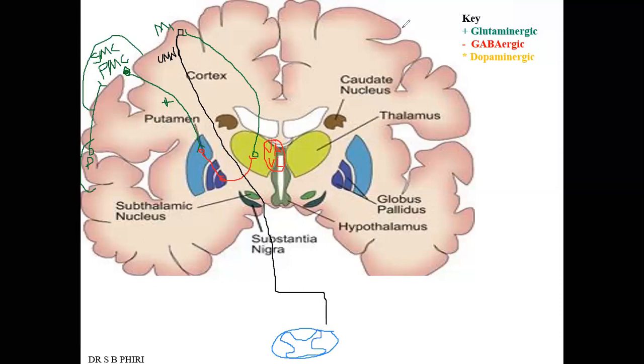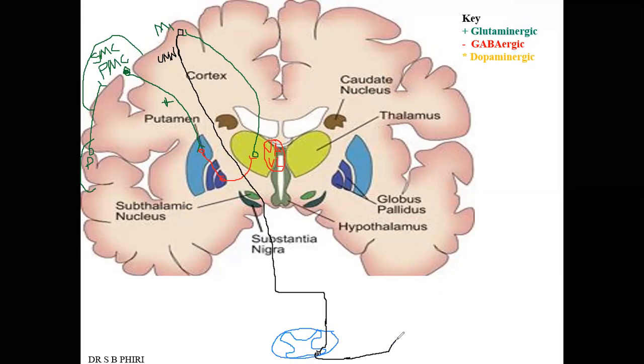So as these fibers are going down, because they have decussated, they'll form the lateral corticospinal tract. Then they're going to form a synapse within the ventral horn of the gray matter. From here, this is where you have the lower motor neuron starting from via the ventral root.